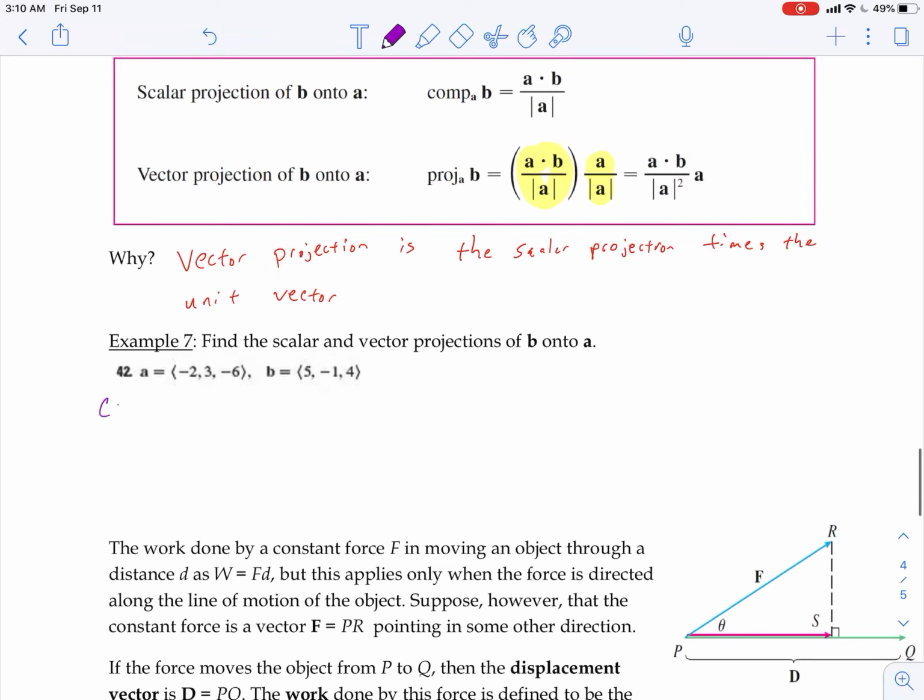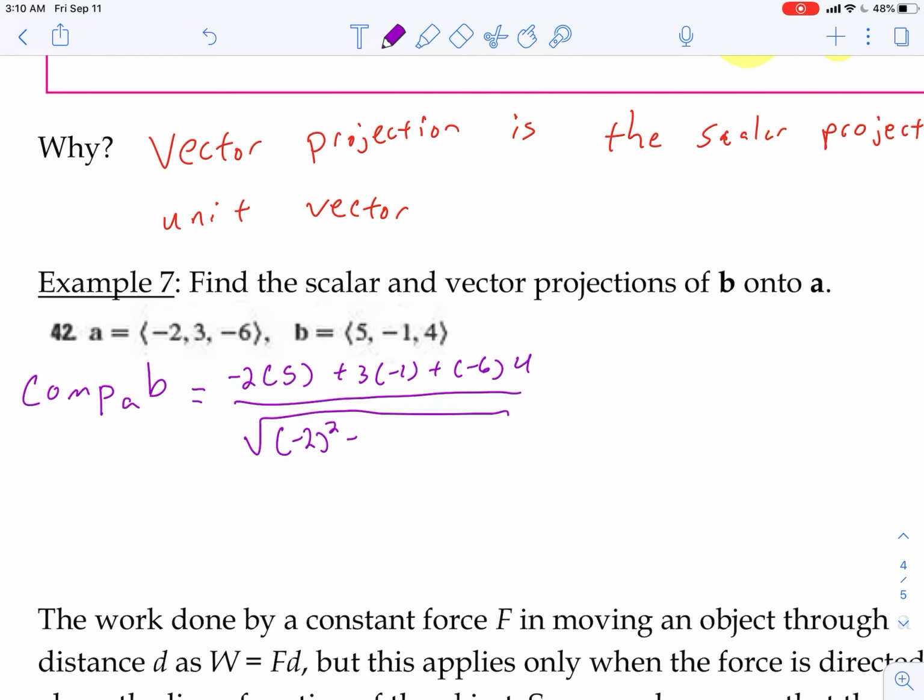The component of B onto A is equal to the dot product of A and B, so -2 times 5 plus 3 times -1 plus -6 times 4, all over the magnitude of A. So the square root of -2 squared plus 3 squared plus -6 squared.